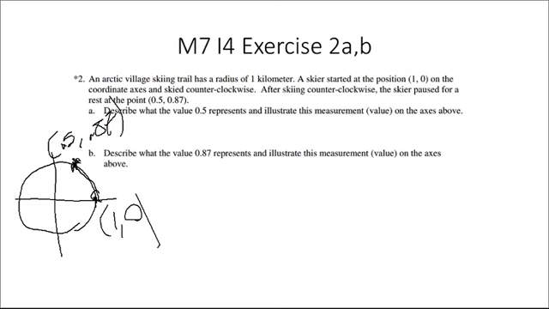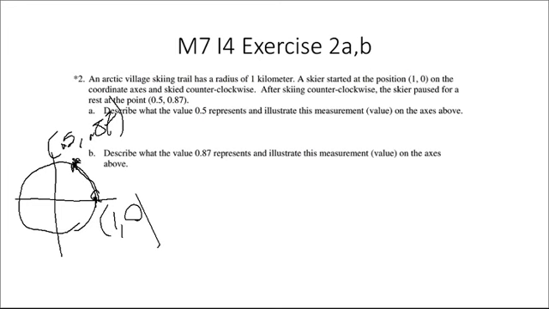And we're asked in A to describe what the value 0.5 represents and illustrate this measurement on the axes they provide us. Okay, so what does the value 0.5 represent and illustrate this measurement on the axes above, which are not really above.